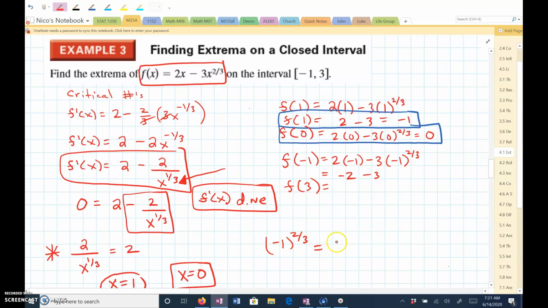You could think of this as being the cube root of negative 1, but then you're squaring this. Well, the cube root of negative 1, that's going to be negative 1, but if you square it, that's going to be positive 1. So this is going to be positive 1. So this would be negative 2 minus 3, which would be negative 5.